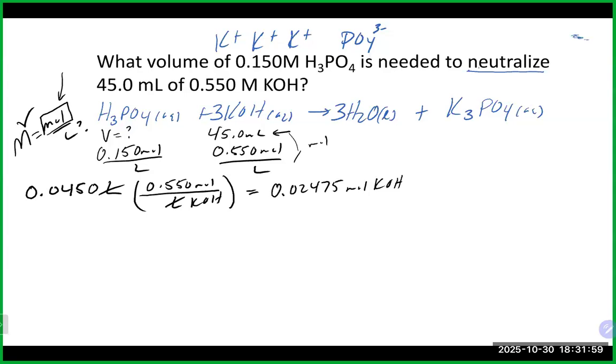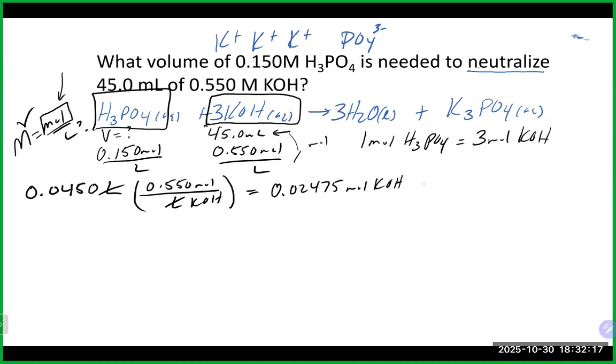Once again, we're not interested in KOH because ultimately we need to get over here to phosphoric acid and figure out the moles of that. So that is where our third step in our stoichiometry will come into play. The relationship again from the balanced equation for these two: for every 1 mole of phosphoric acid you toss in there, you need to also toss in there 3 moles of KOH. So that is our stoichiometry relationship here. Opposites cancel, which means the 3 moles will go on the bottom.